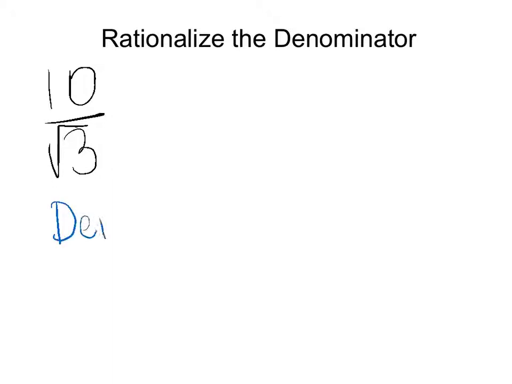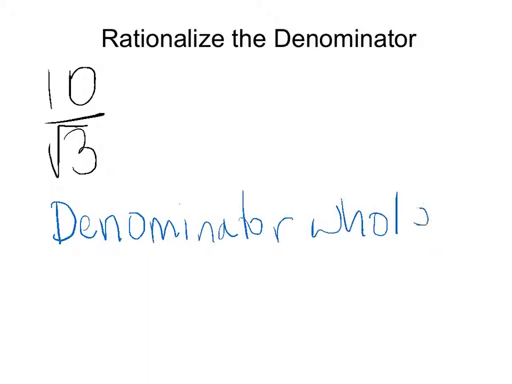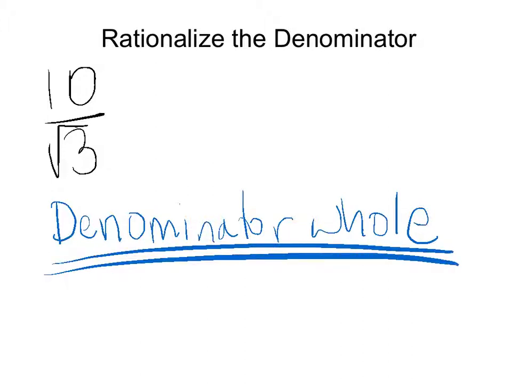Next, let's look at rationalizing the denominator. I had a few examples on the board, but this was my simplest one. The whole concept of rationalizing a denominator is we want to make the denominator a whole number. The reason we do that is historically, when you're evaluating this by hand, it's much more difficult to divide by a decimal than it is to divide by a whole number.